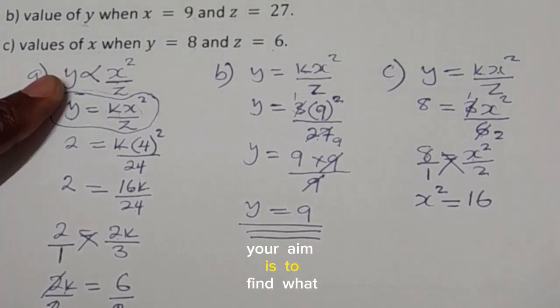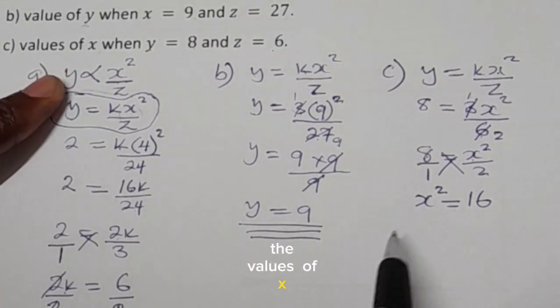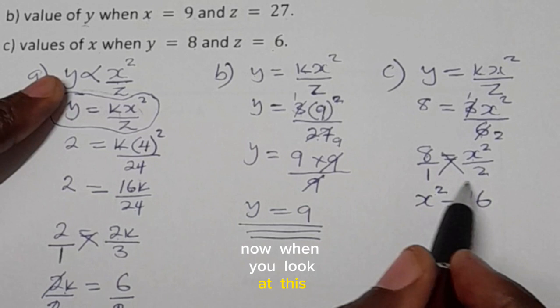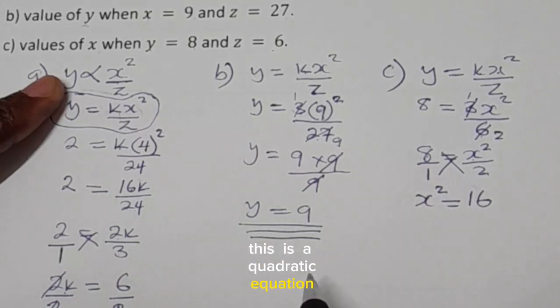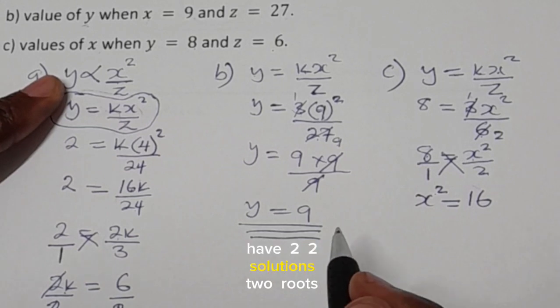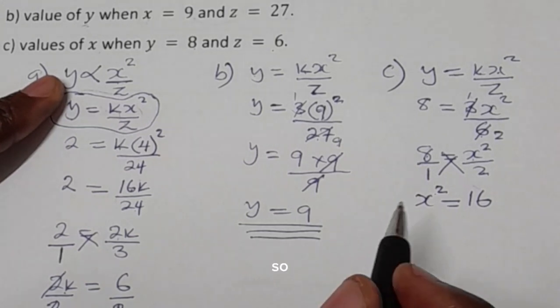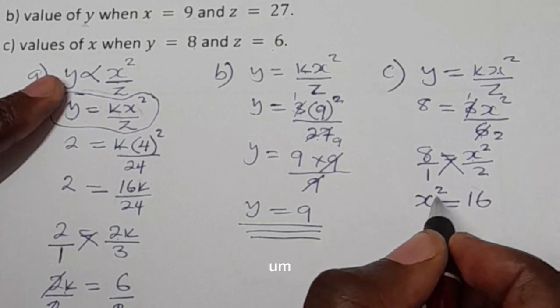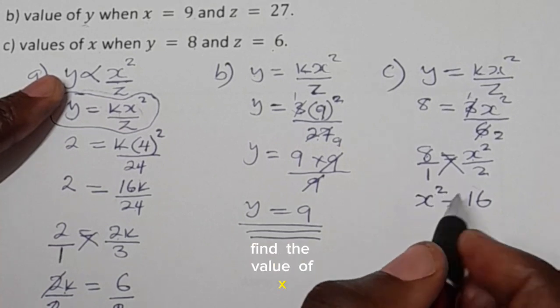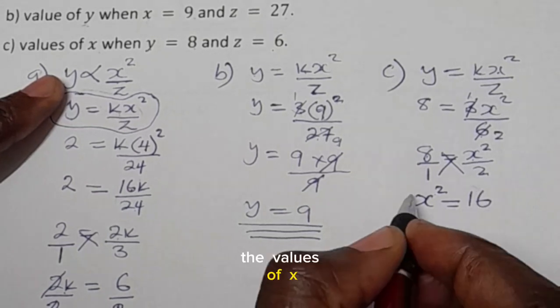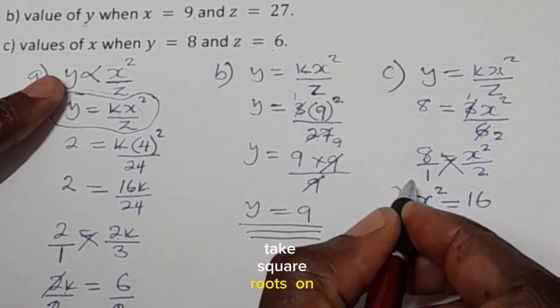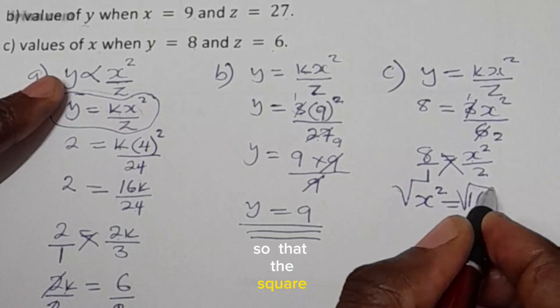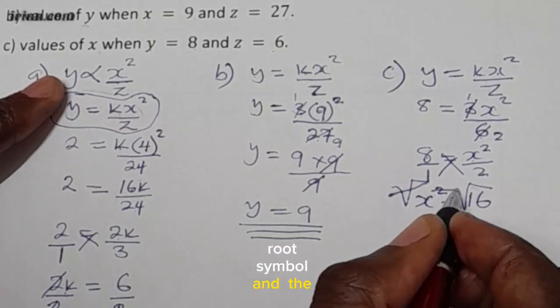So your aim is to find the values of x. Now when you look at this, it is a quadratic equation. Quadratic equations have two solutions, 2 roots. So in order for you to find the values of x, take square roots on both sides so that the square root symbol and the power 2 goes.